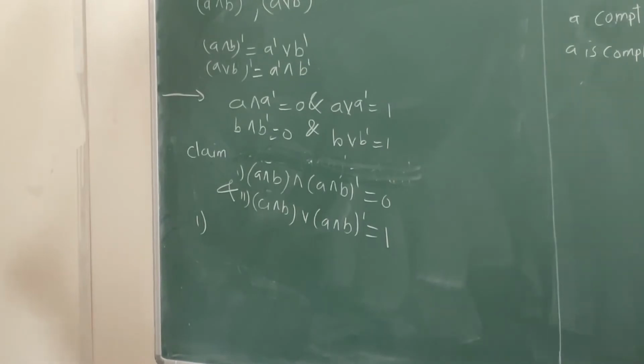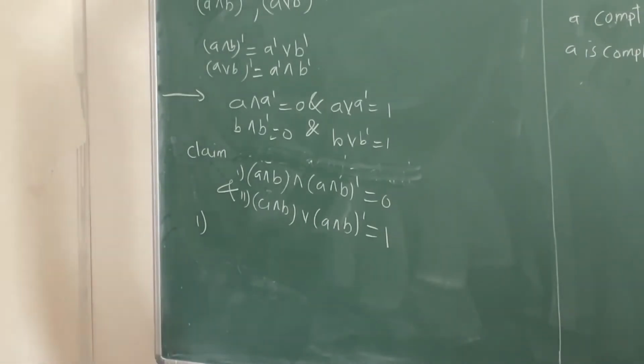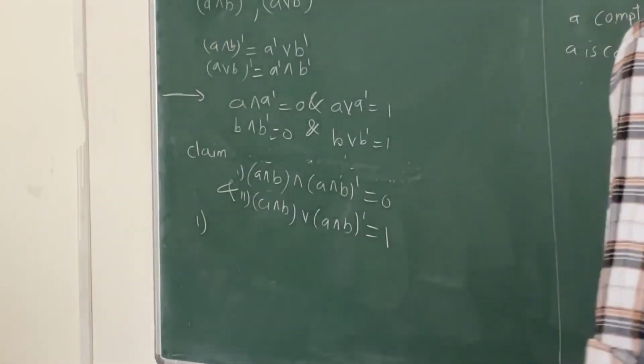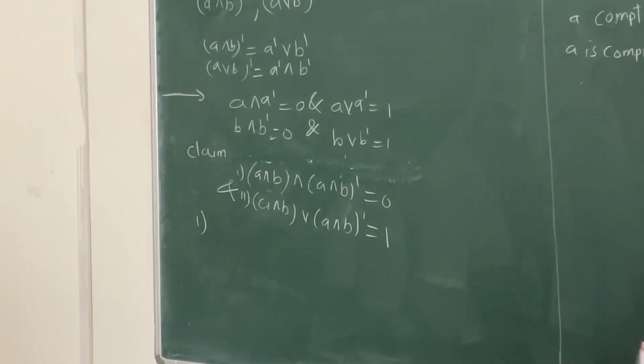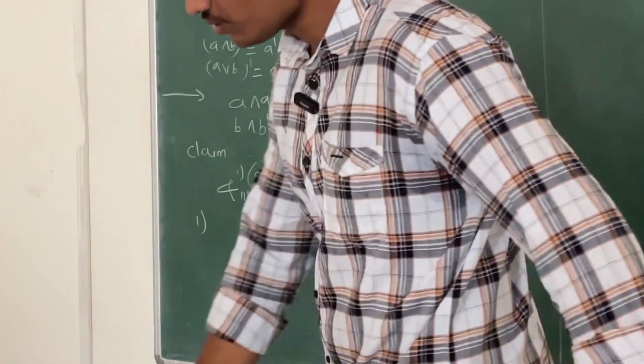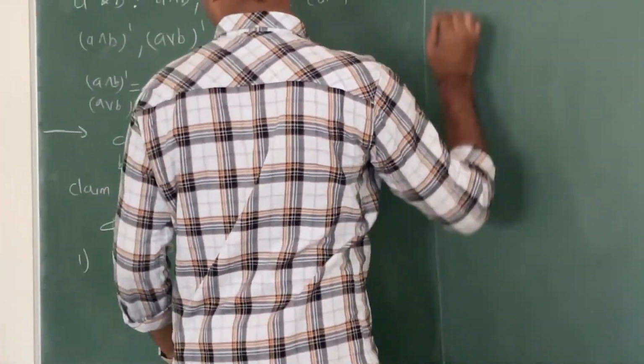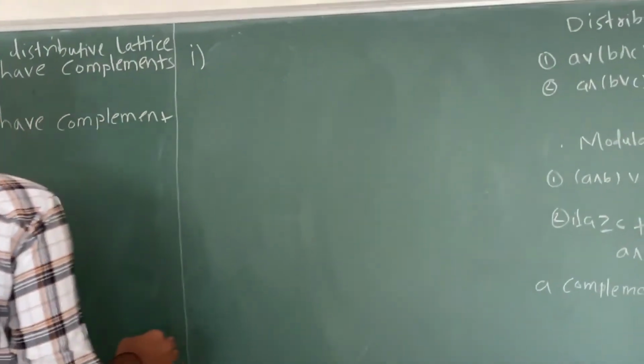Are you following? So you take A prime join B prime, show that it is actually the complement of A meet B. Is that clear? First we will show the first one, then we will proceed for second. What is first? A meet B.